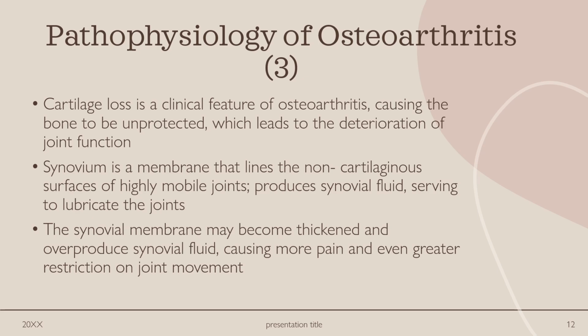Synovium is a membrane that will line the non-cartilaginous surfaces of highly mobile joints, and this will produce synovial fluid, serving to lubricate the joints. However, this synovial membrane may become thickened and overproduce the synovial fluid, and this will cause more pain and even greater restriction on joint movement.